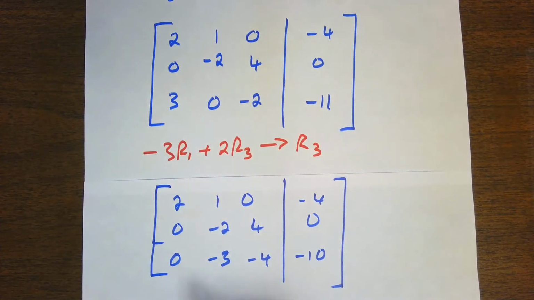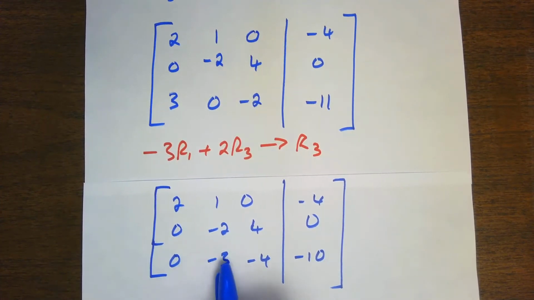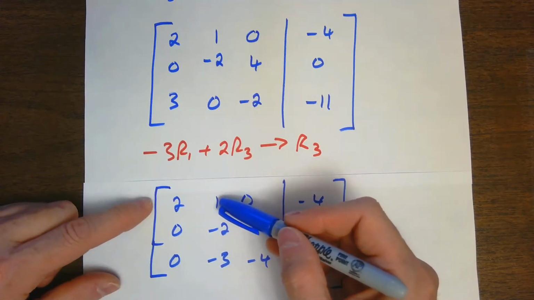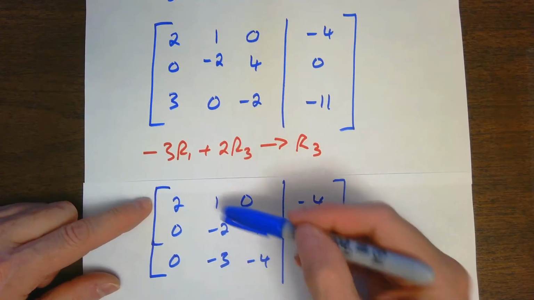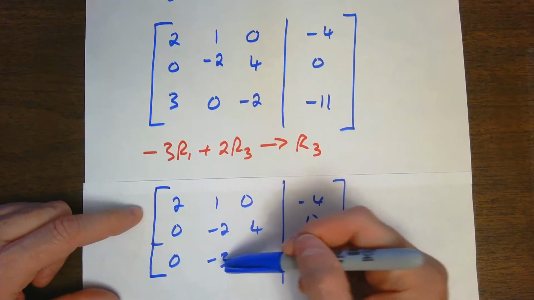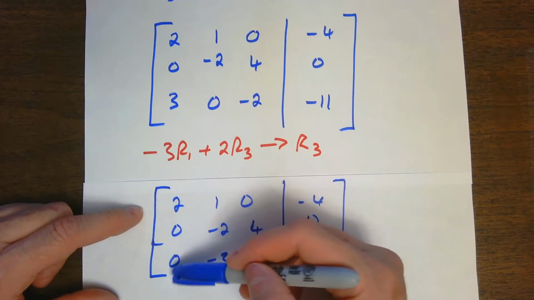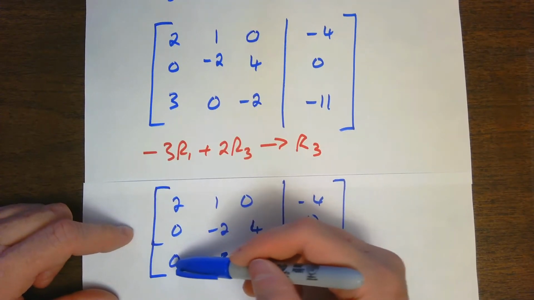All right. The next thing I want to do is see if I can get rid of this negative 3 here. But I have to be careful. If I multiply everything in row 1 by 3 and add it, 3 times 1 is 3 and negative 3 is 0. That'll work. But watch what happens here. 3 times 2 is 6 plus 0. I get a 6 back here. I lose the 0 I've got right there.